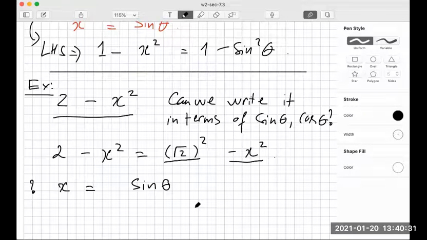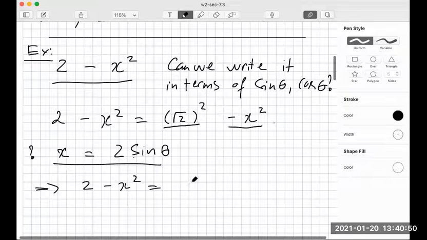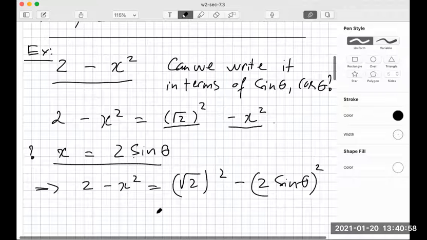Let us try. We don't know. Let us try with x equal to 3 sine theta, or let us play with 2 here. Then 2 minus x squared is 2 squared minus 2 sine theta squared.